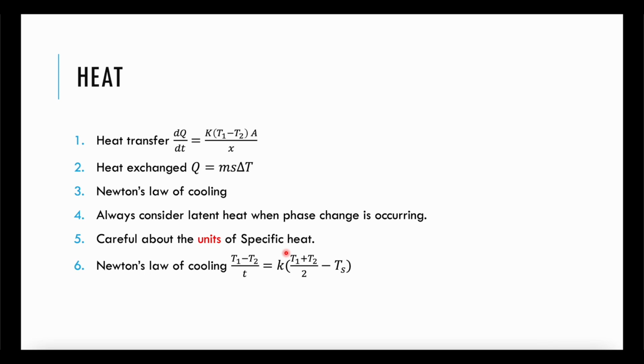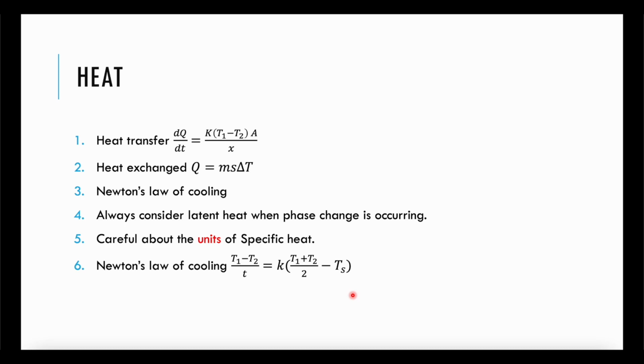And the last formula is Newton's law of cooling. There was one problem in shift 1, and the formula says if a material is cooled from T1 to T2 in time t, then t is equal to K times (T1 plus T2) divided by 2 minus T surroundings.